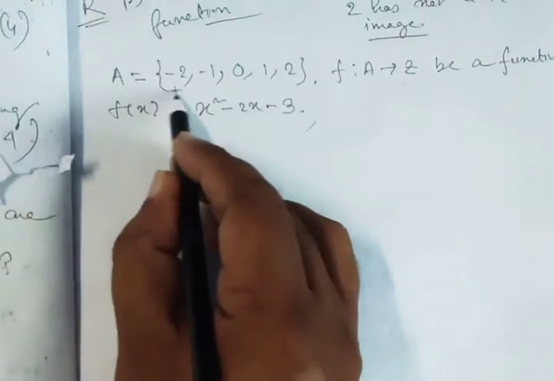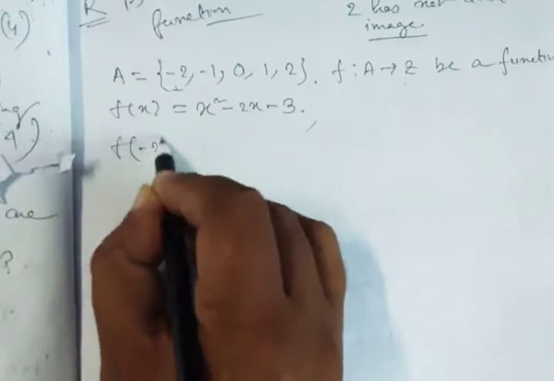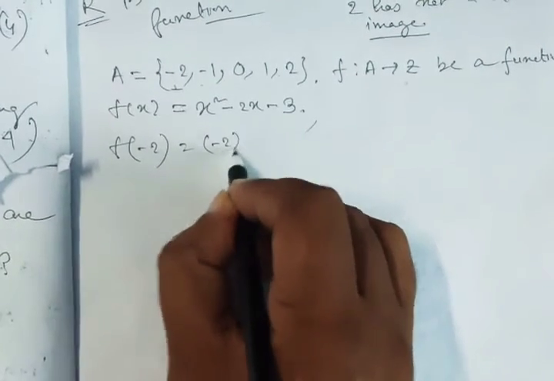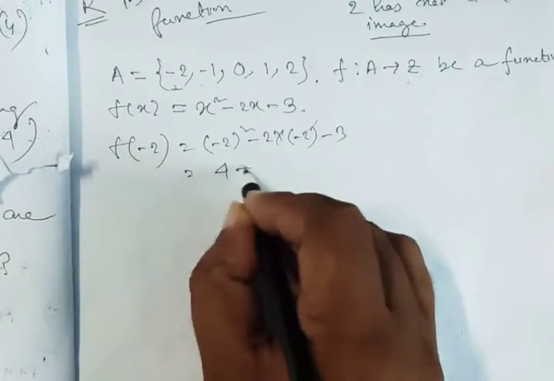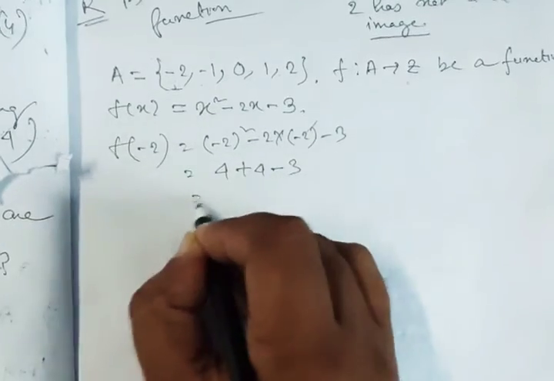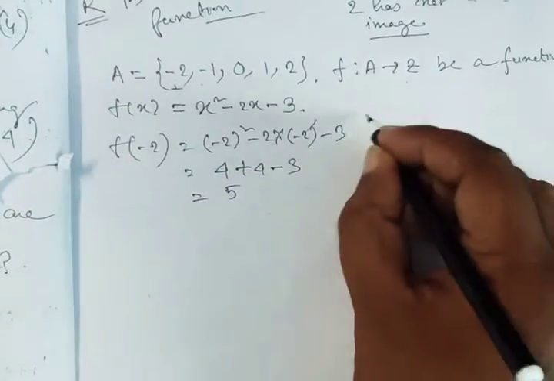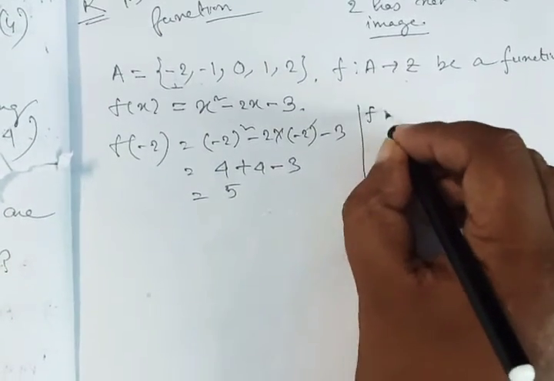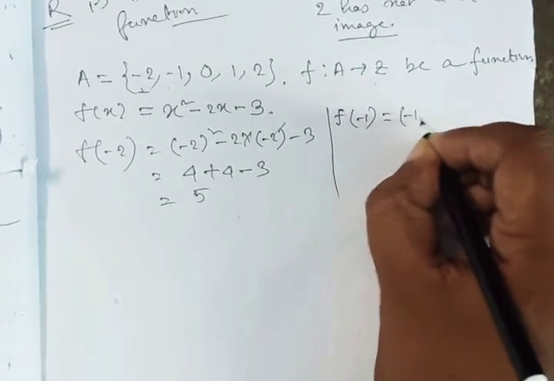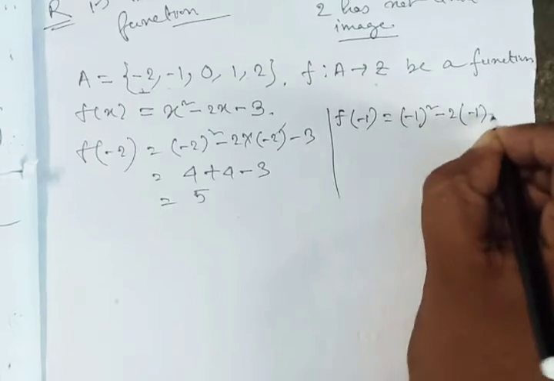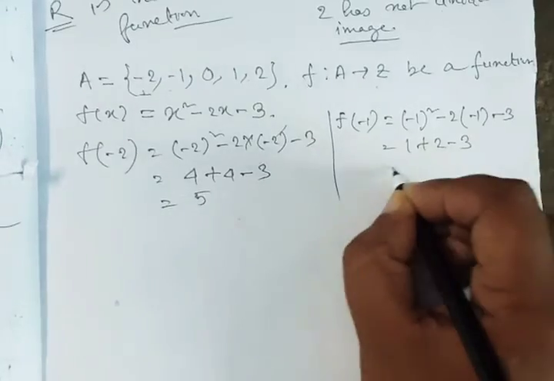Now we are putting in the values according to this function. First f(−2), we are getting (−2)² − 2 × (−2) − 3, 4 + 4 − 3, that means 5. Now f(−1), what are we getting? (−1)² − 2 × (−1) − 3, so 1 + 2 − 3, that equals 0.